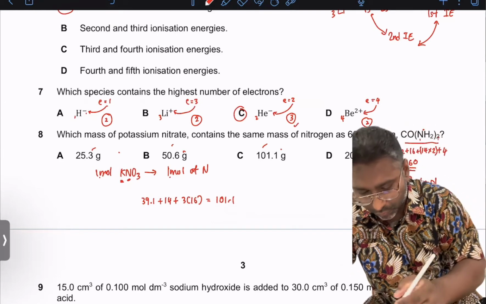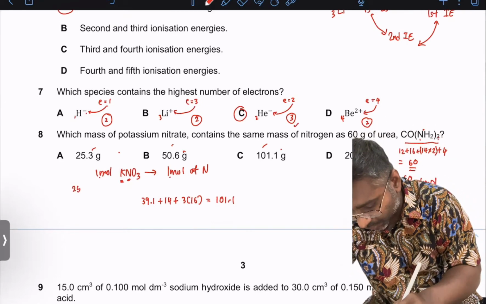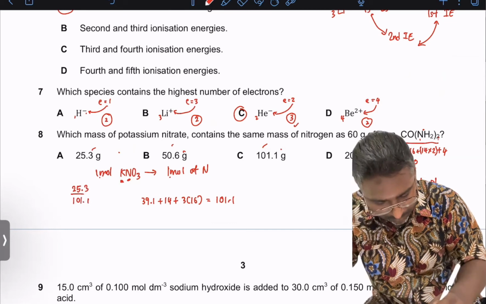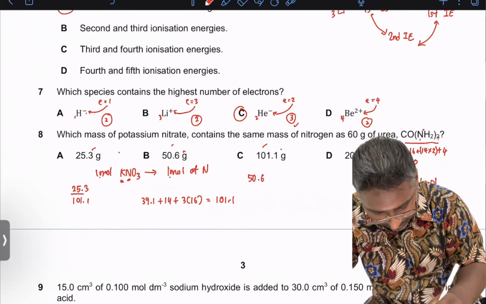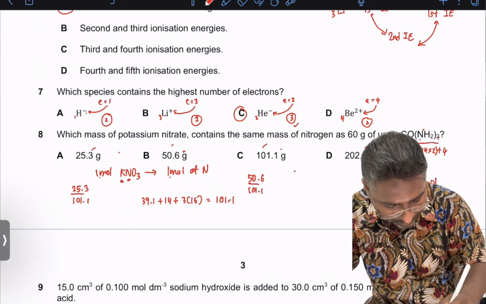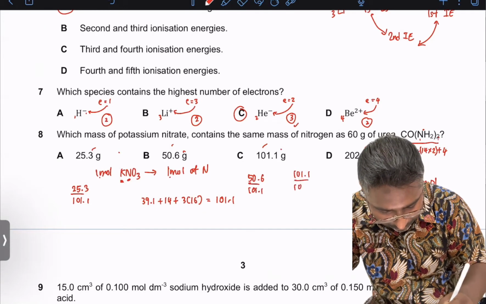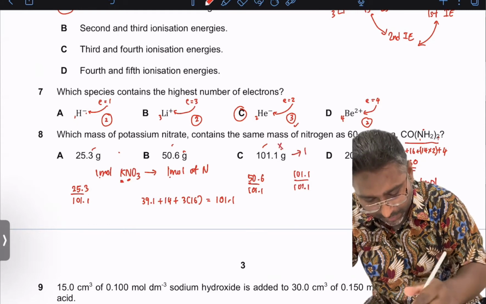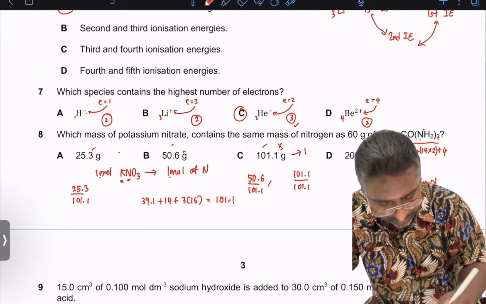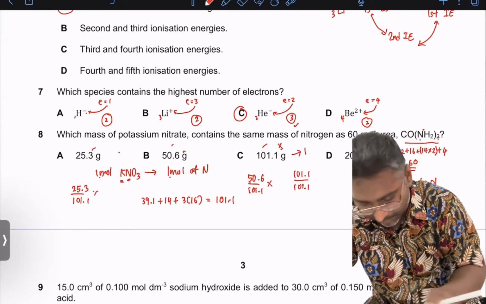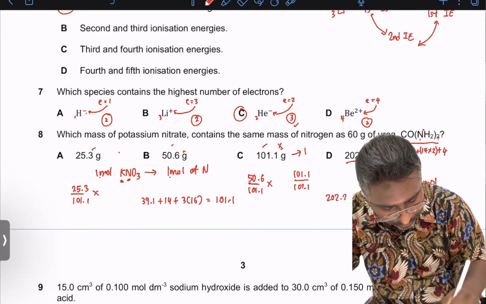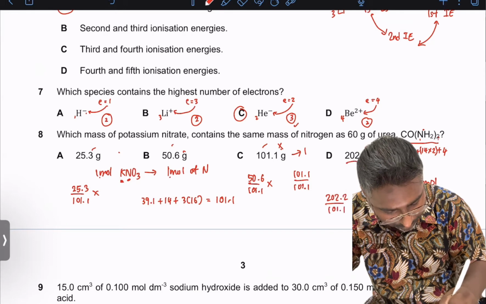So find out which one: 25.3 divided by 101.1, 50.6 divided by 101.1, 101.1 divided by 101.1, this one gives 1, still not the answer. This is also not the answer, less than 1. If you look over here, 202.2 divided by 101.1, you will get 2.